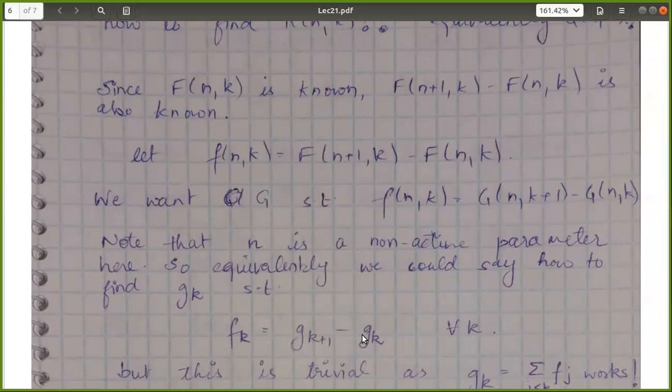However, if I define my g2 to be f1, g3 to be f1 plus f2, and so on till gk is defined as f1, f2, and so on till fk minus 1. So then gk plus 1 will be the summation f1, f2 up till fk.